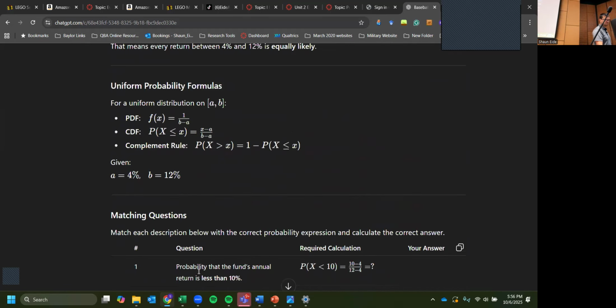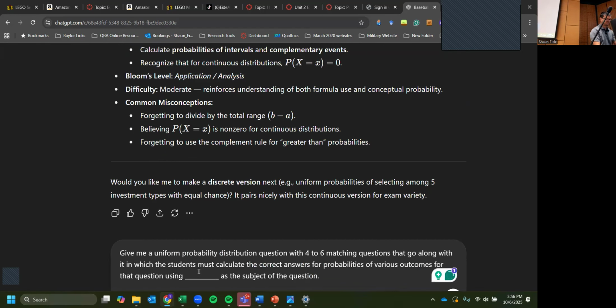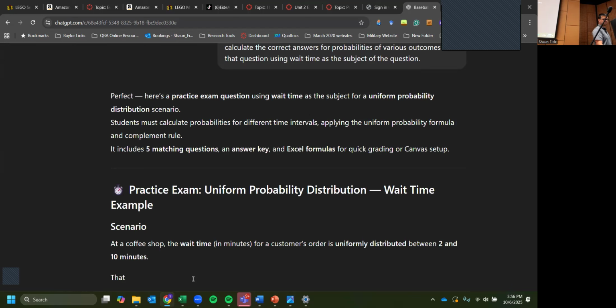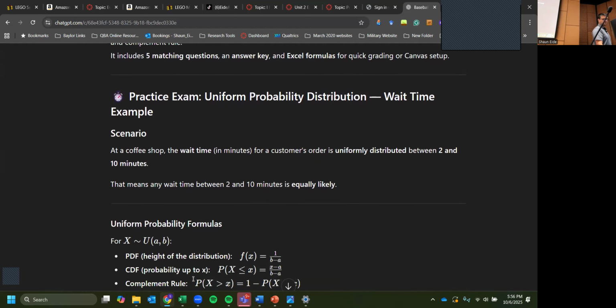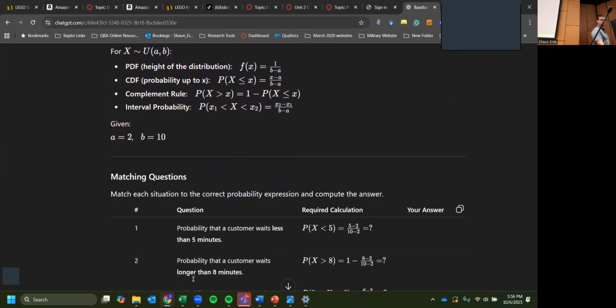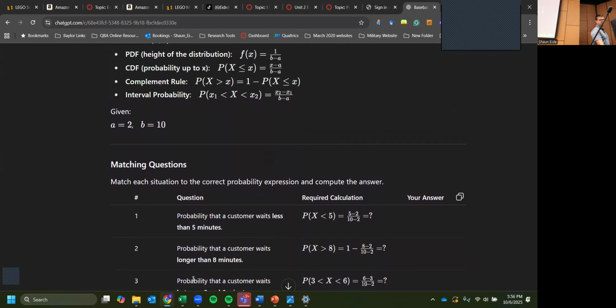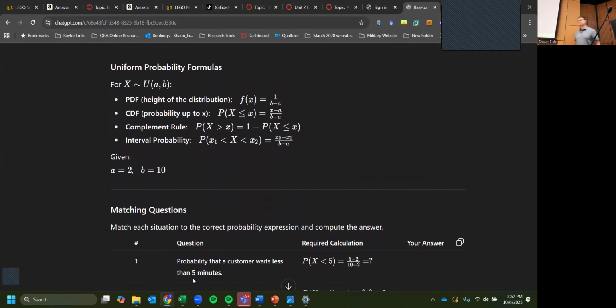Okay, so at a coffee shop, the wait time in minutes for a customer's order is uniformly distributed between 2 to 10 minutes. Any wait time between 2 to 10 minutes is equally likely. Okay, what's the probability that a customer waits less than 5 minutes? How do we do this?